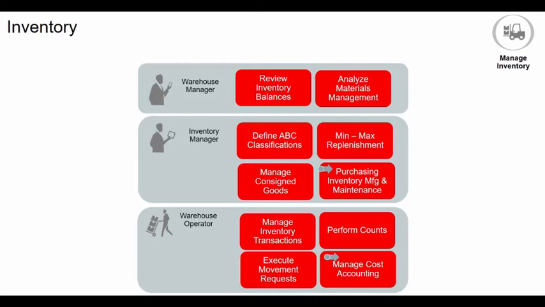The inventory manager, on the other hand, is a little lower down to the ground and is concerned with perhaps min-max replenishment, management of consigned goods, and their movement through the warehouse, and so on. And then, of course, the warehouse operator, the person who is actually doing all the work at ground level, physically moving things around, doing cycle counts, and so on.